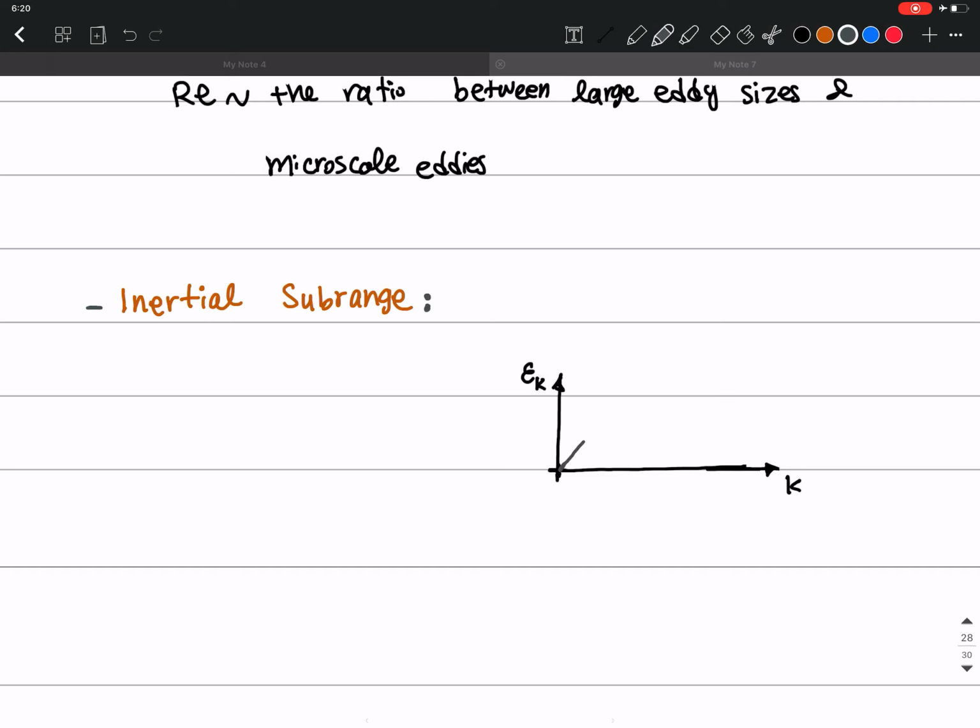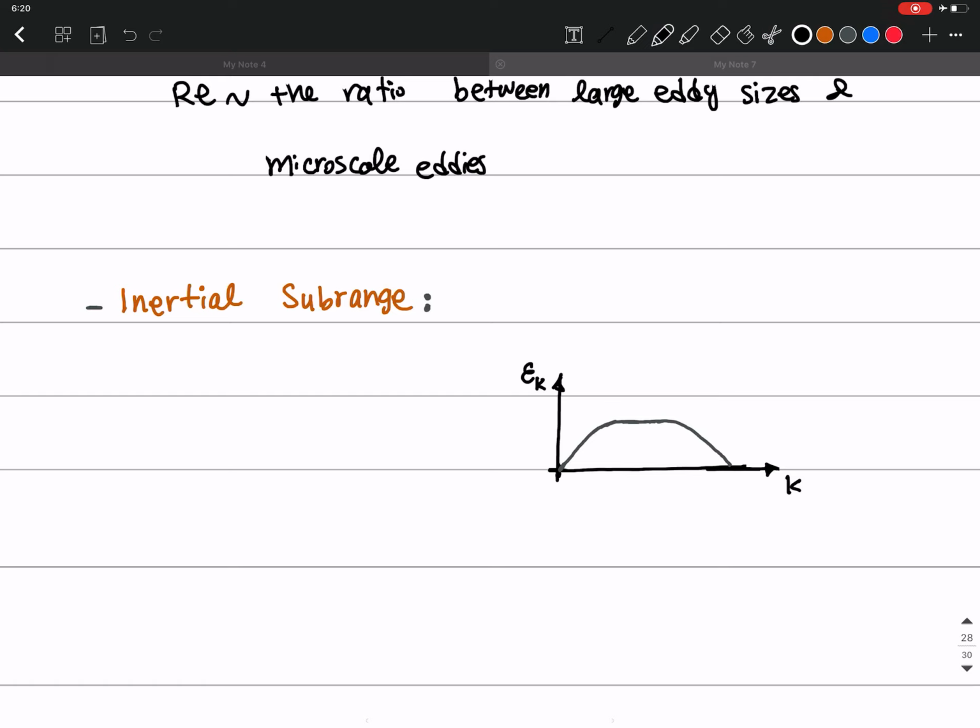So it was increasing because of production, and then in the inertial range, the inertial subrange, it was kind of constant, then it decreased in the dissipation range.